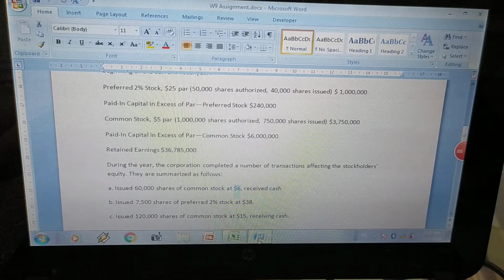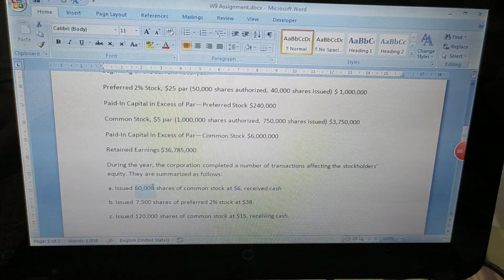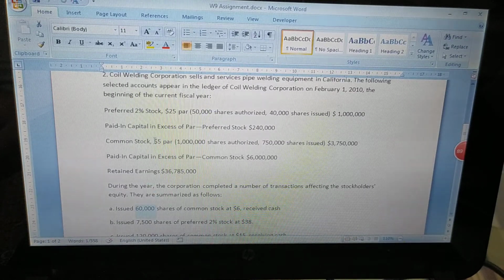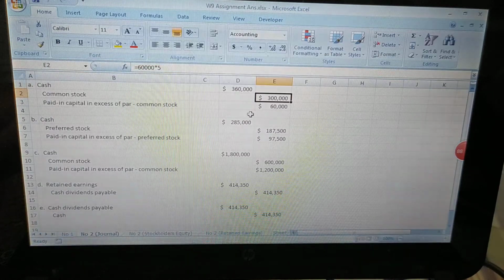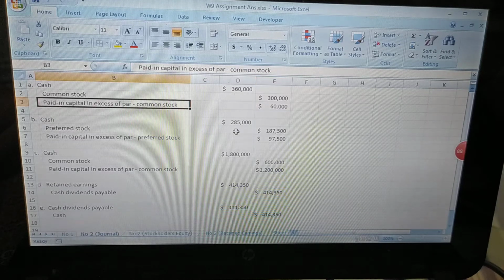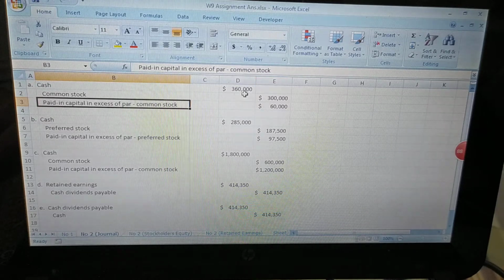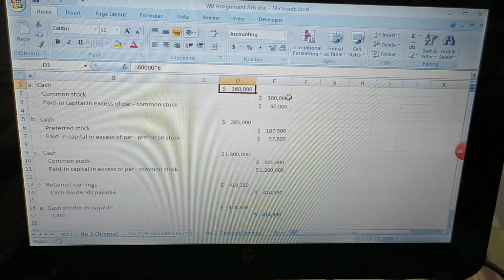Remember, for the common stock, we always use the shares times the par value. So 60,000 times 5, we get $300,000. Remember, there is an excess, so that is the paid-in capital in excess of par, common stock. It is the difference between the cash and the common stock, so 60,000.